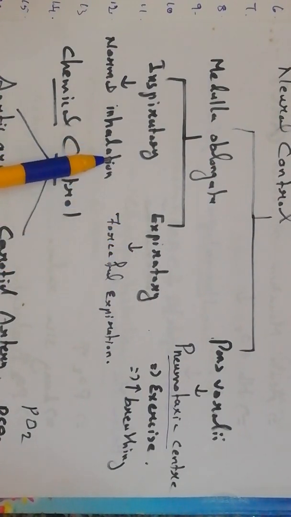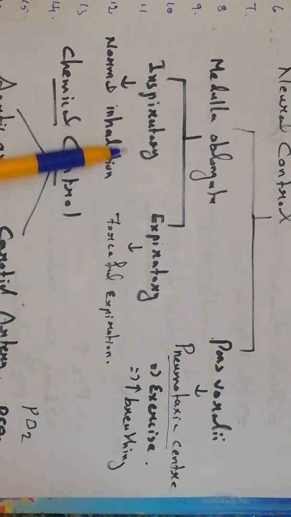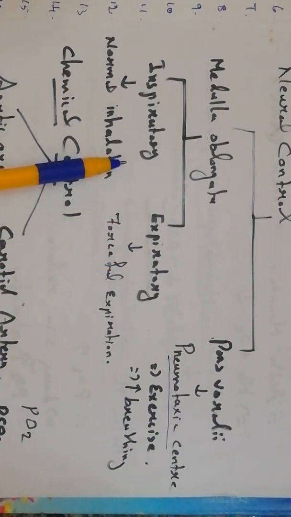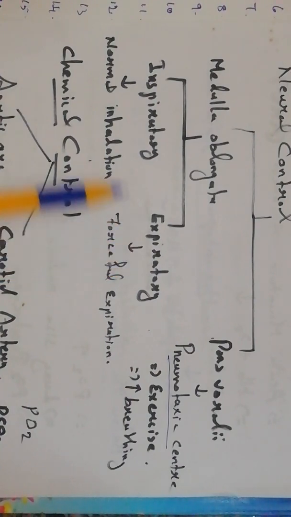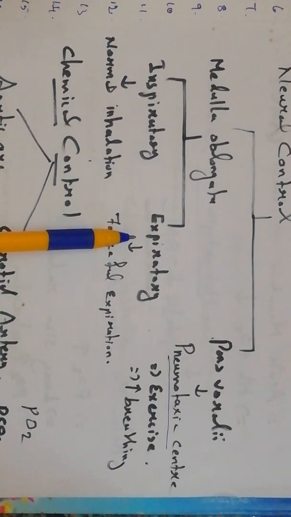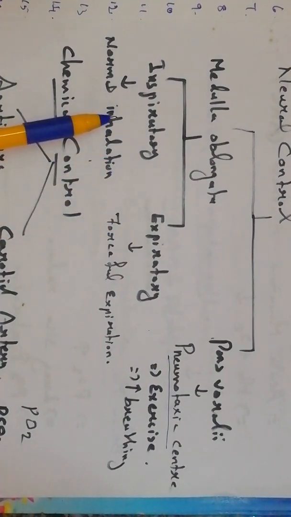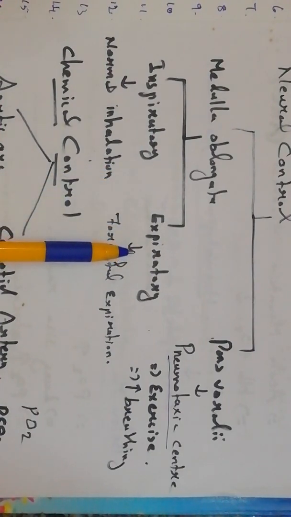When we learned about the mechanism of breathing, we said the difference between inspiration and expiration is that inspiration is an active process, meanwhile expiration is a passive process. Only inspiration needs energy, but expiration happens automatically. That is why during inspiration, the expiratory center is quite calm and inactive.